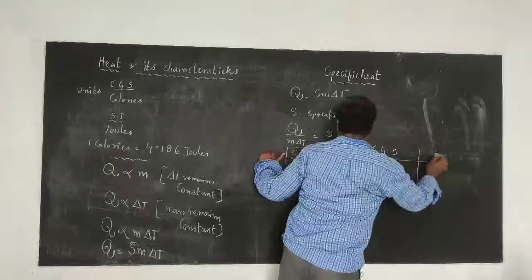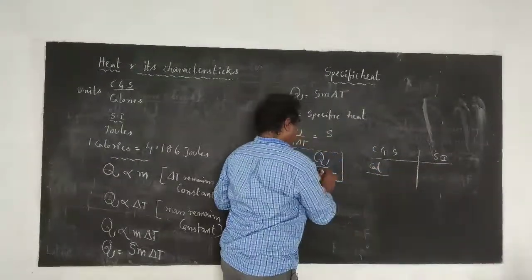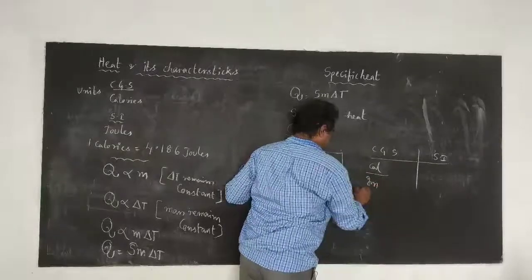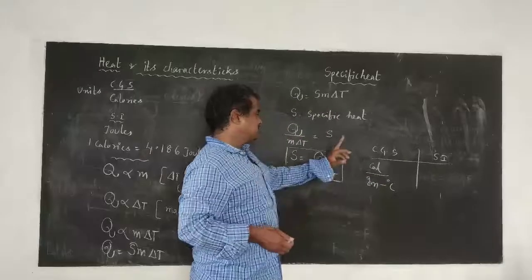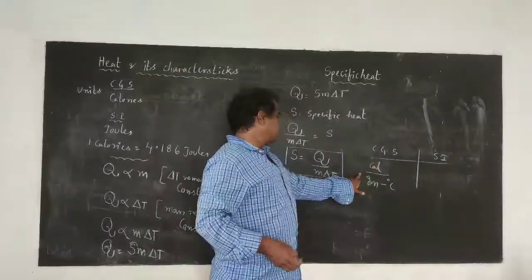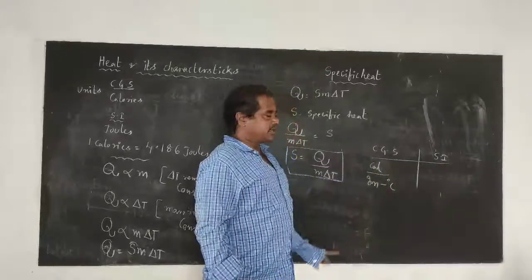So observe it. Q is heat in calorie, mass in gram, temperature in degree Celsius. So in CGS method, the units of the specific heat is calorie per gram degree Celsius.